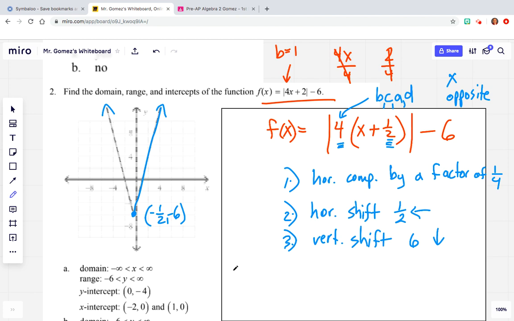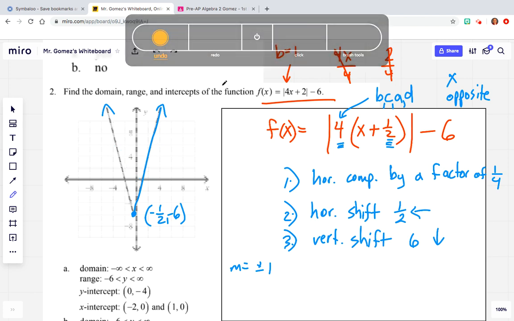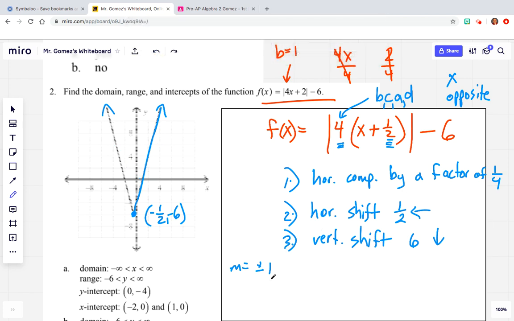We're used to the slope being positive and negative 1 on a default y equals absolute value of x. But because of this horizontal compression by a factor of 1/4, instead of going up 1 over 1, this one goes up 1, but to the right it goes 1/4. Up 1 is a positive 1, to the right is a positive 1/4. So what we're looking at is 1 divided by 1/4.